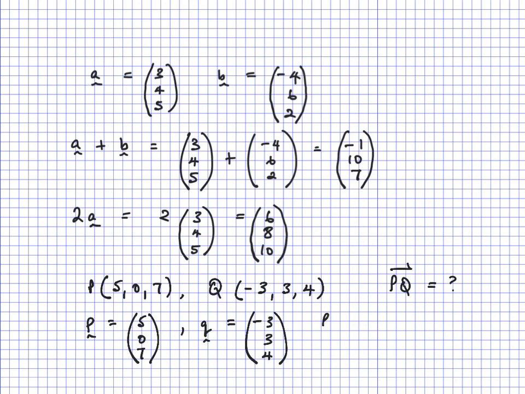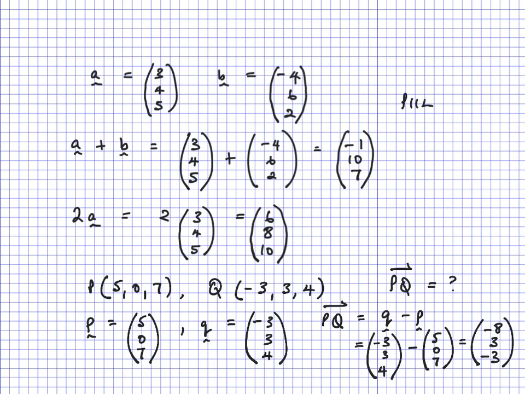So if we want to work out PQ, it'll be Q minus P, so it's minus 3, 3, 4, minus 5, 0, 7, and that gives us minus 3 minus 5 is minus 8, 3 take away 0 is 3, and 4 take away 7 is minus 3. You can now do page 114, exercise 13.7.